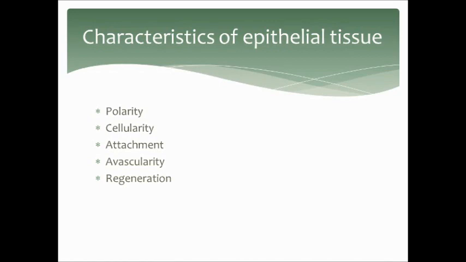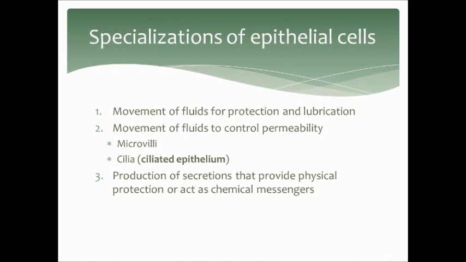It also has regenerative capabilities, so epithelial tissue is continuously replaced more than other tissues because it's constantly in contact with surfaces where they can be abraded, chemicals that can damage it, and things of that nature. So certain epithelial cells can be specialized to move fluids for protection and lubrication, move fluids to control permeability, so some have microvilli to allow for more absorption in places where absorption is more necessary, such as the small intestine.